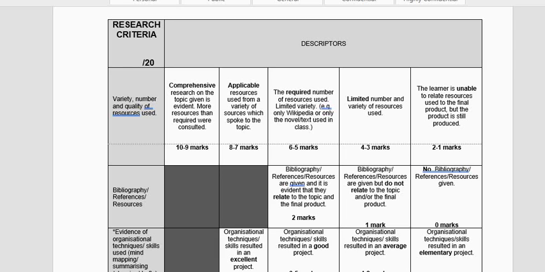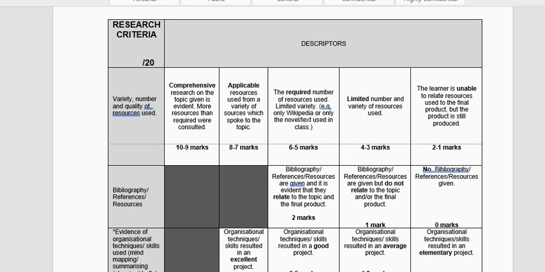In the 6 to 5 marks block, the required number of resources are used. And remember, previously in this video, we said we would like the learners to use 3 sources. So if the learner used 3 sources, he meets this requirement. The required number are used. 3 are used.